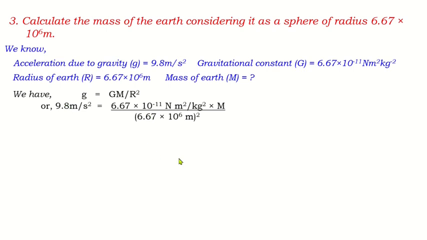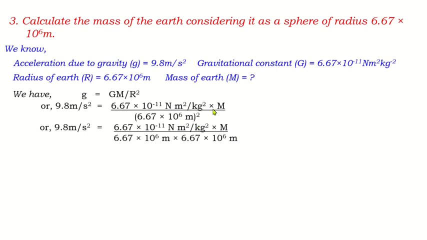Okay. Now, in another step, look at what I did. The 6.67 into 10 to the power 6 meter whole square can be written twice this way. 6.67 and 6.67 are present in the numerator and also the denominator. We can cancel them. One of the 6.67 is cancelled, which is present in the numerator and denominator, but still we have 6.67 in the denominator.